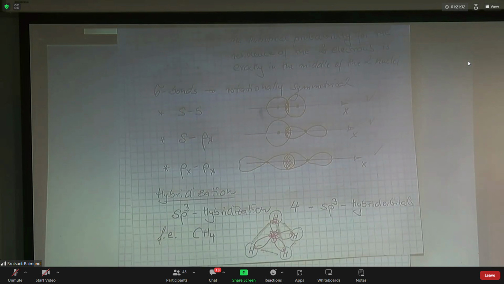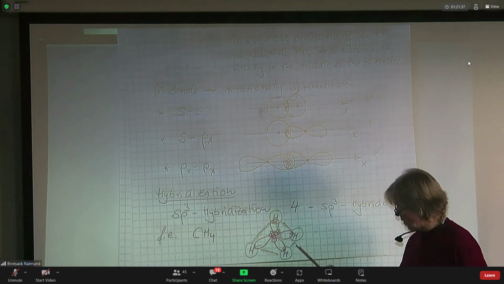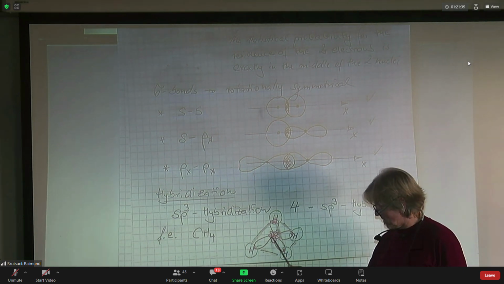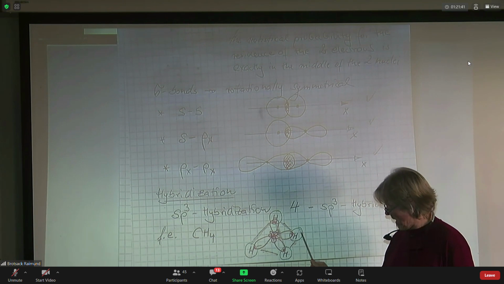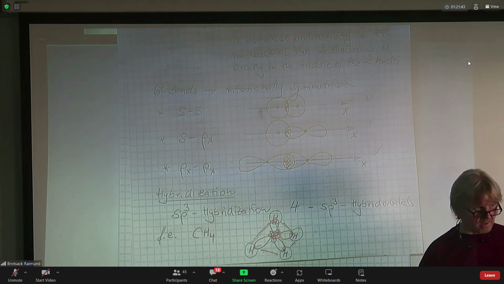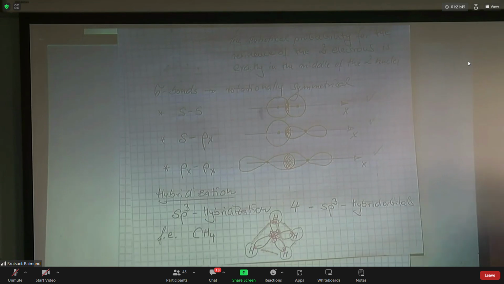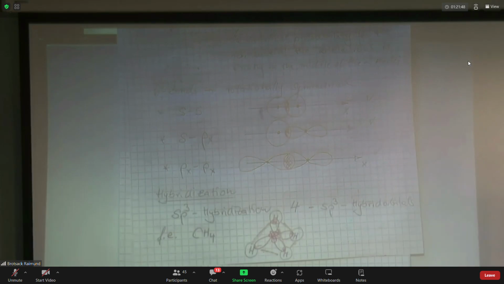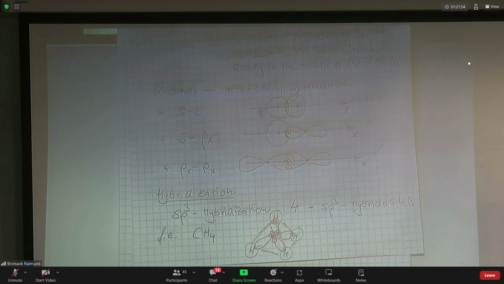In the middle of the tetrahedron, we have the carbon, with those sp3 hybrid orbitals looking into the edges. And from the hydrogen, there is nothing to change. It's just a normal 1s orbital. So we have 4 equivalent sp3 orbitals.